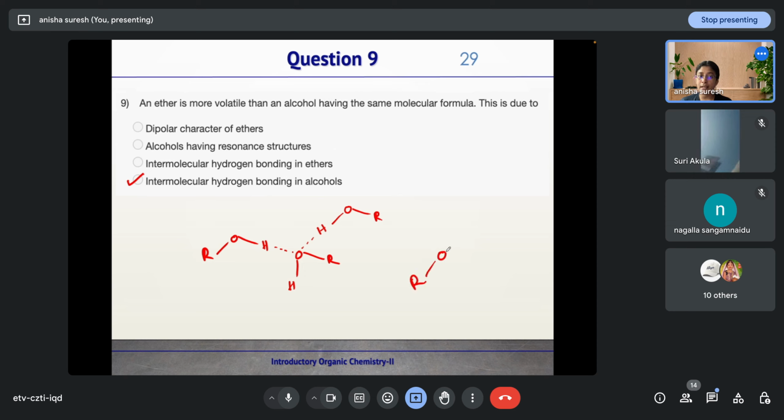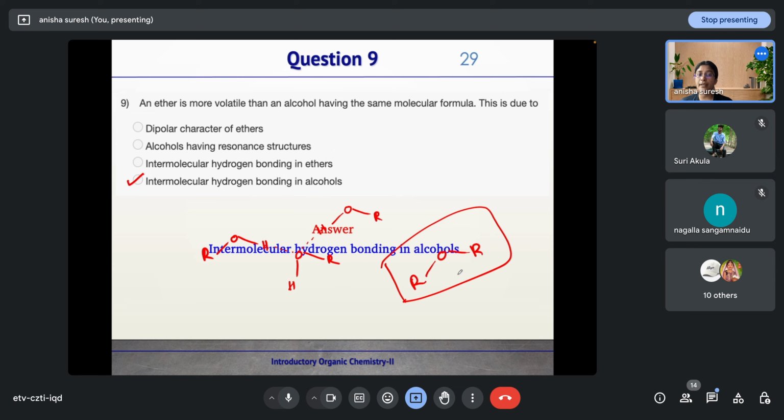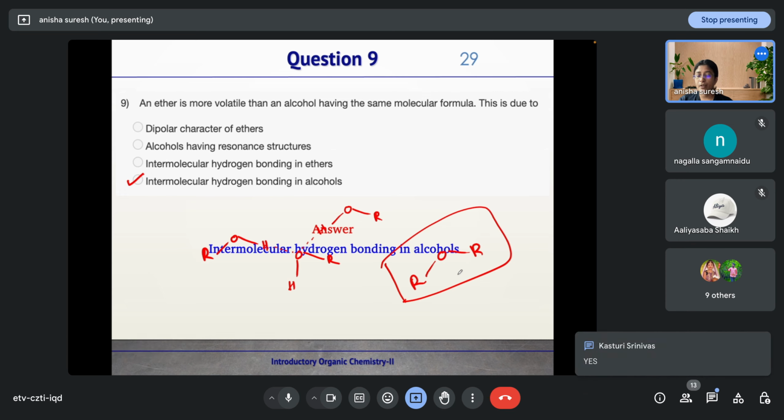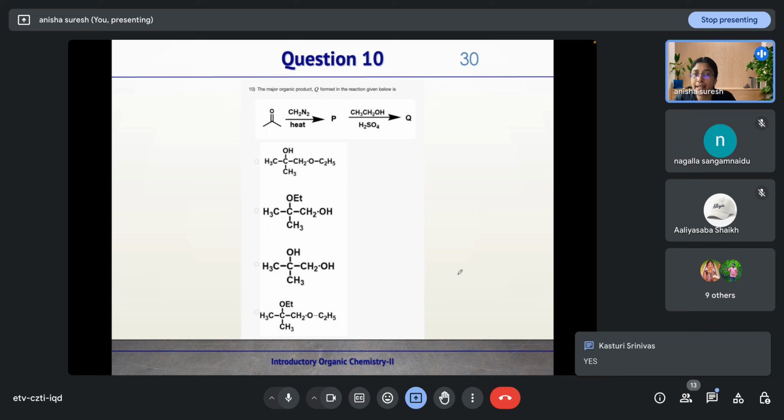In the case of ethers, there is no chance for hydrogen bonding to take place. Therefore, ethers can evaporate at a much faster rate than alcohols. So the right option is intermolecular hydrogen bonding in alcohols, the reason why ethers are more volatile than alcohols. Clear? Okay.